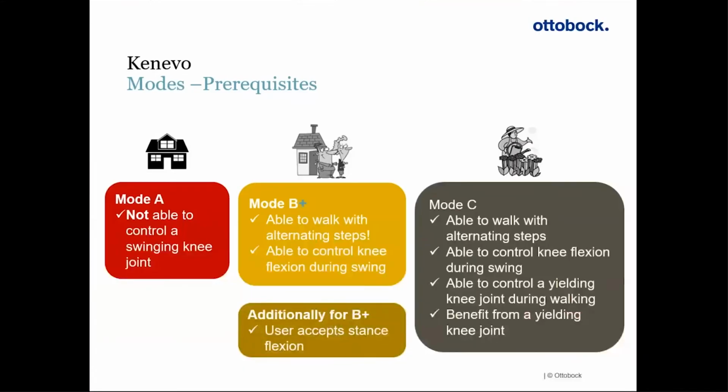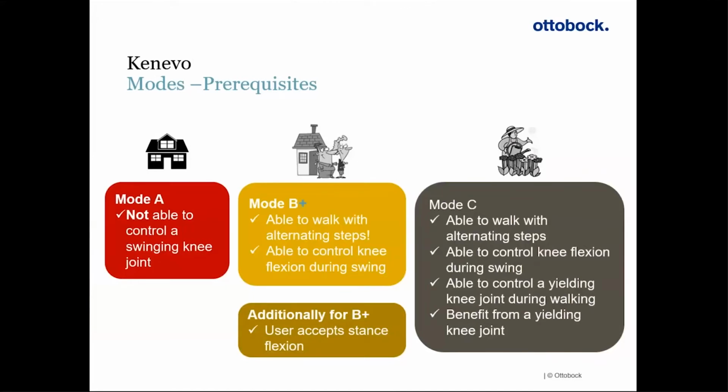Next slide, Dr. Kannenberg. So really, you have an opportunity now to have a knee that really fits that potential K3. They're a K2 now, but they have the potential to move to a K3, or they're that low K3 individual. So you can program it in mode A, where they can't control the swinging knee joint. They walk with assisted devices. They do most of their activities within the house, but they need stability and to be able to sit in the chair, rise up from the chair, and be stable.